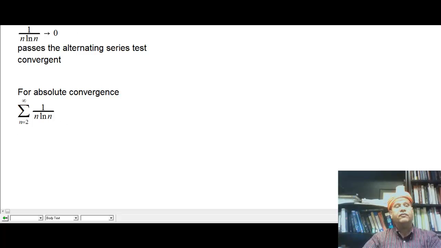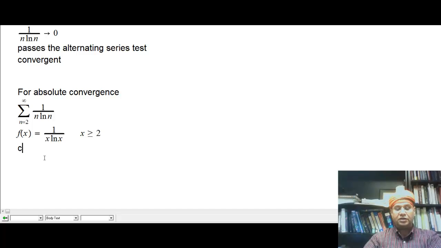And again, if I look at this function, which is 1 over x natural log of x, for x greater than or equal to 2, right? Because that's where our series starts.